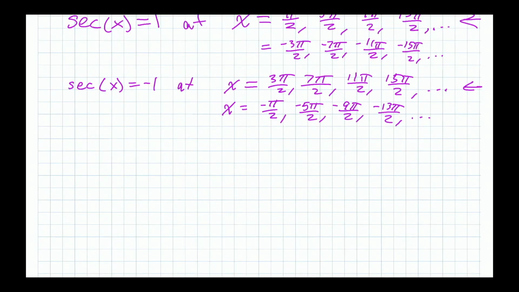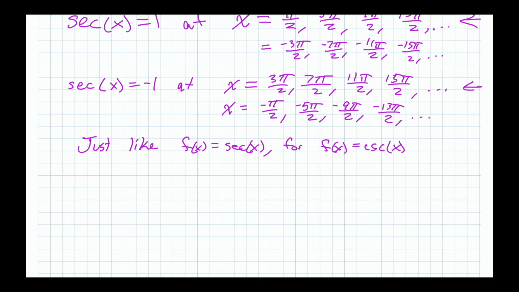And we can also say, just like for f of x equals secant x, for f of x equals cosecant x, the function value is never in -1 to 1.